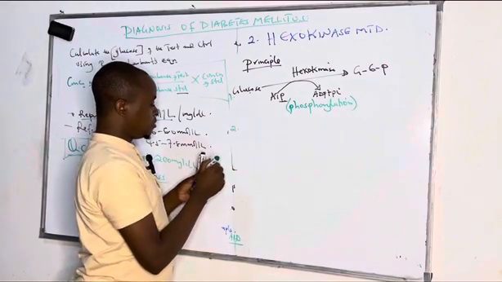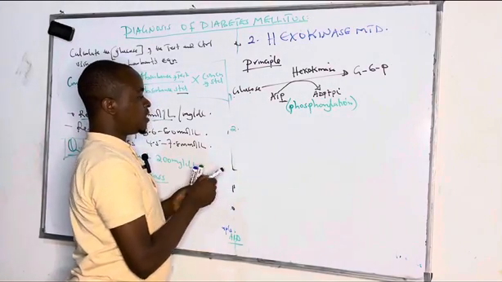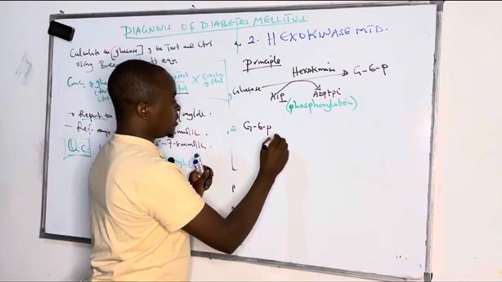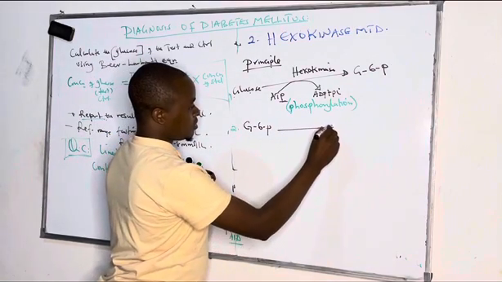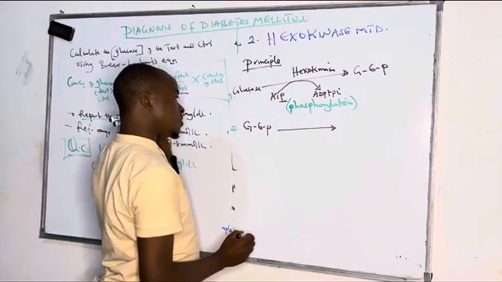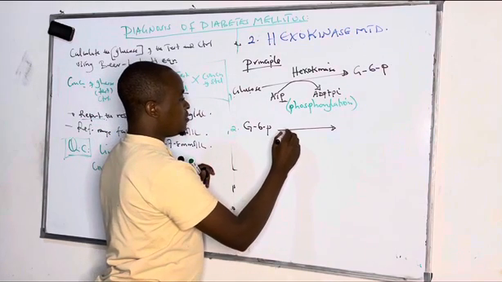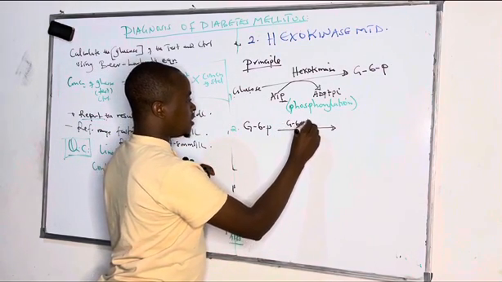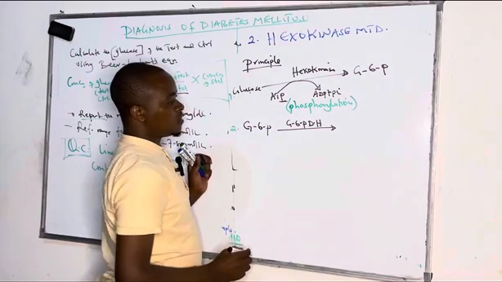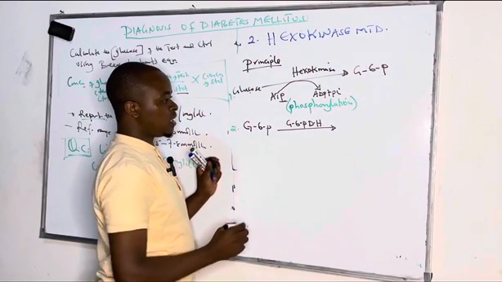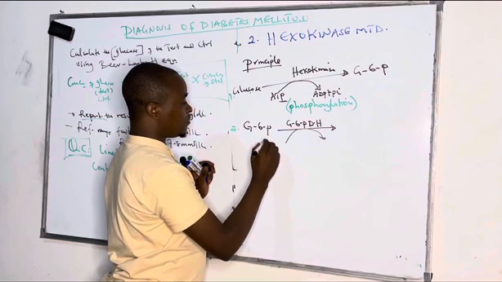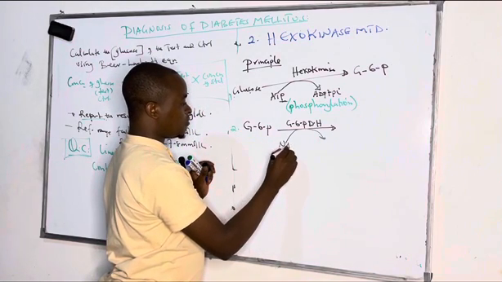Point number 2 says that when I have glucose 6-phosphate, it is reduced, whereby we need an enzyme known as glucose 6-phosphate dehydrogenase, whereby we see it being reduced by removal of hydrogen in the form of NAD.